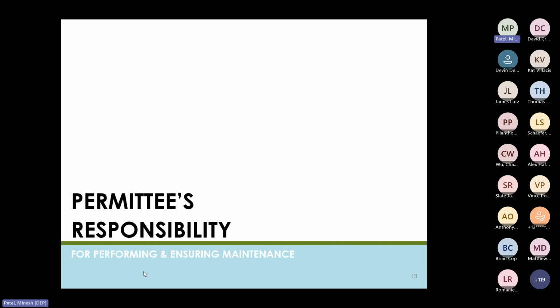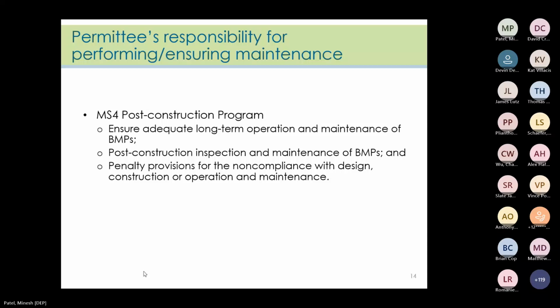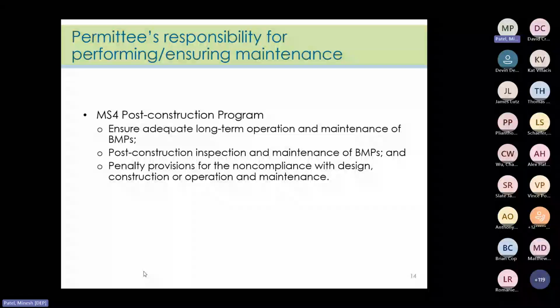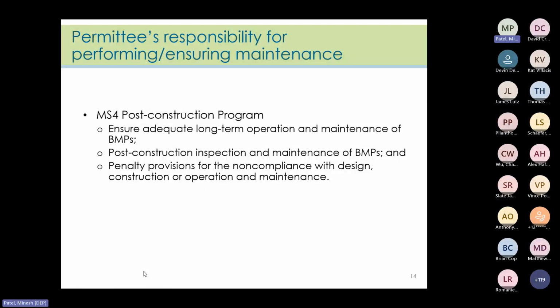Well, then what are the permit requirements regarding maintenance of stormwater BMPs? As was previously mentioned, the Tier A, public complex, and highway agency permits require that the permittee ensure that adequate cleaning, long-term operation, and maintenance of BMPs take place.